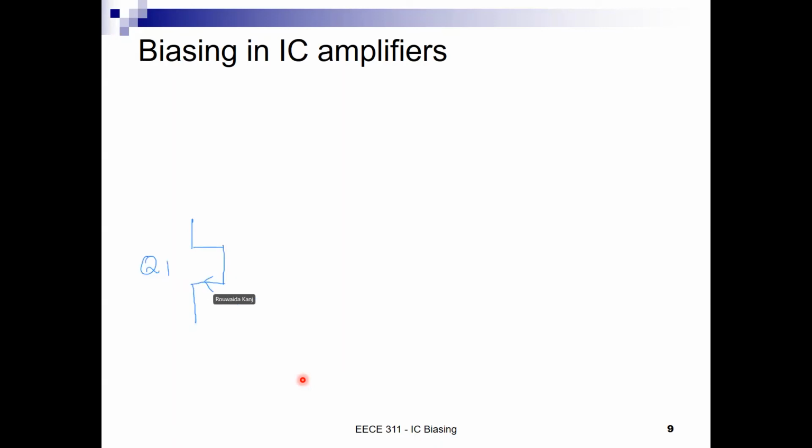I chose to draw it flipped, not the regular way we see it, and its source is grounded, this is the gate, and this is the drain of the transistor. And now we have another transistor Q2, connected to Q1, sharing the same gate. The source is grounded, and this is transistor Q2.